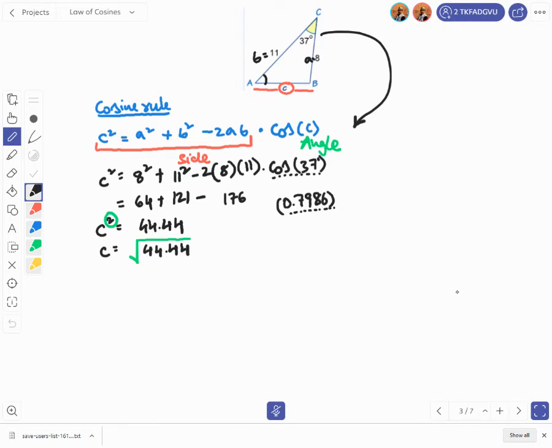Let me use the calculator. That gives me 6.66 units. So that's the value of C, which is 6.66. The units may be inches or whatever it may be. Now, any questions on this?